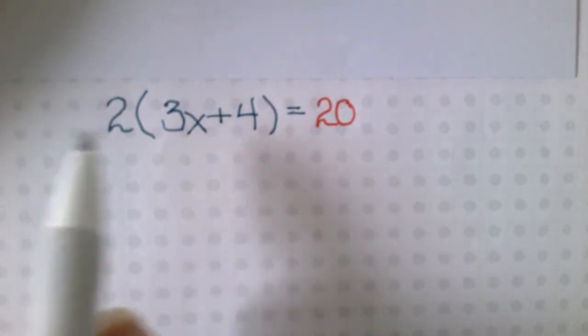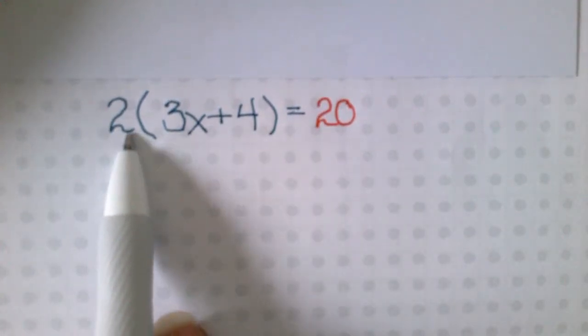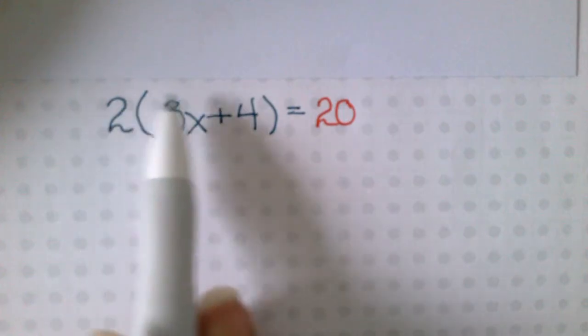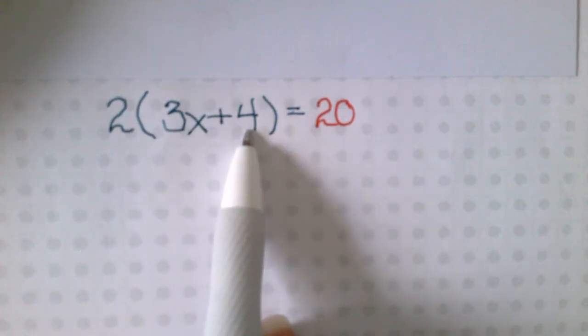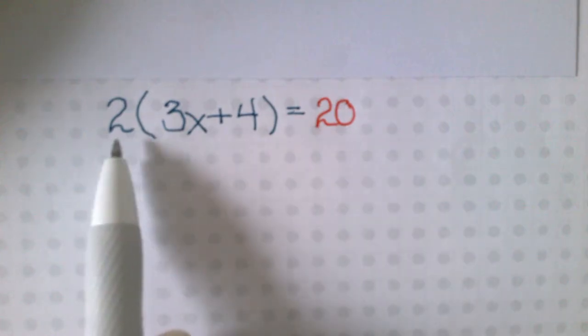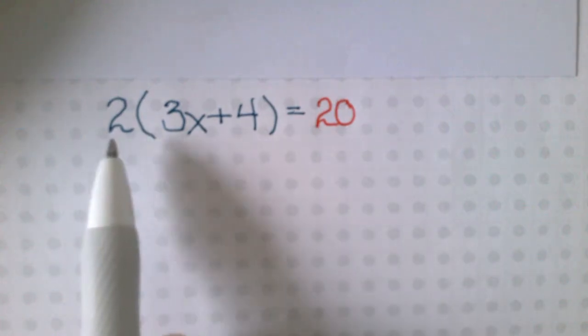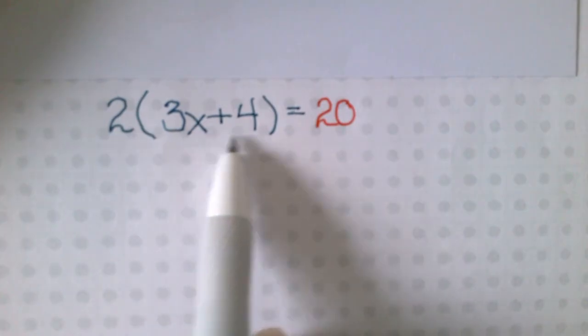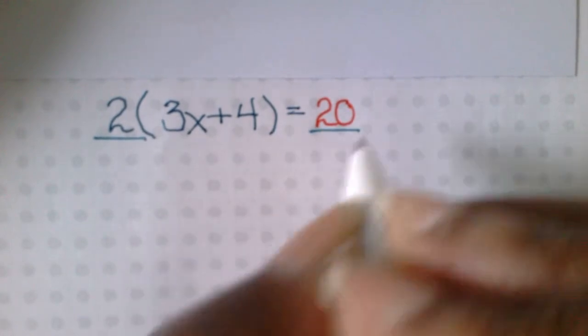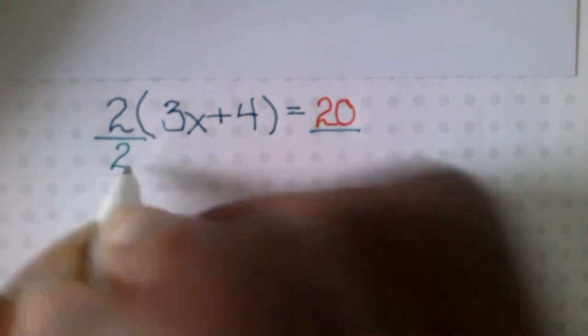But anyway, instead of multiplying the 2 to everything, which we could, you're going to get the same answer. But why not do that division? Because it's the 2 times the 3x plus 4. So let's get rid of this 2. Let's divide both sides by 2.